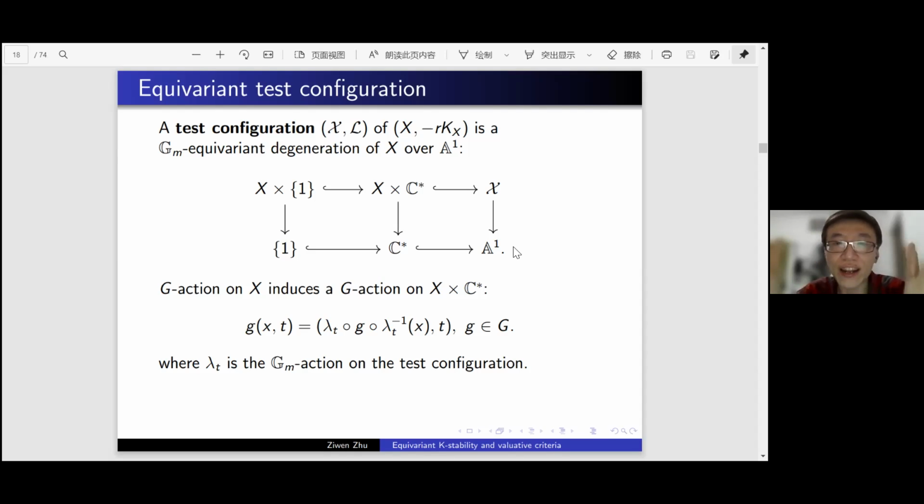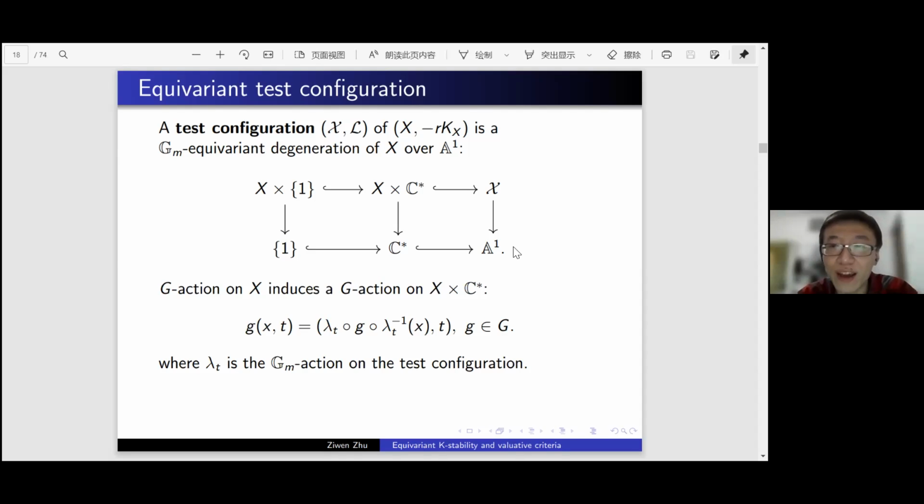On the fiber over t, we first use the C-star action on the test configuration to move this fiber back to the fiber over 1. And then we apply the G action on X. So we consider the fiber over 1, X cross 1, to be X itself, and we take the G action on X, and then we move this point back to the fiber over t.